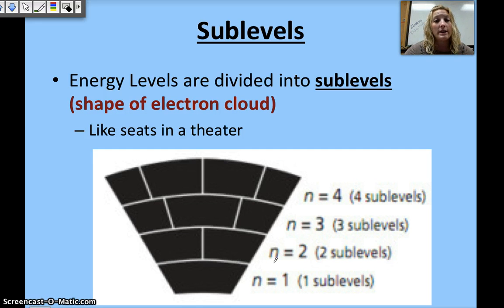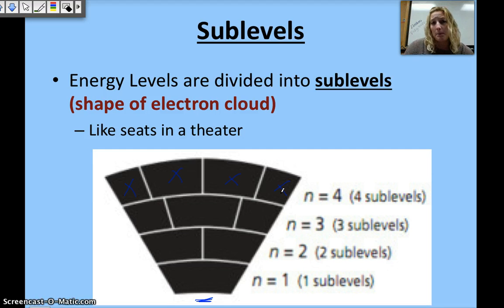So we have one more idea here to add to this. In addition to the fact that there are all those lanes going around the nucleus, these lanes are also divided into different sections. You can think about this like a theater. If the stage is up front, all of these seats are going around it, and as you get further away, there's more room for different sections in those levels.